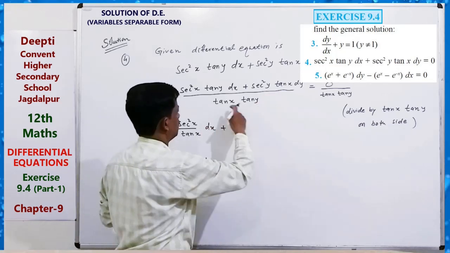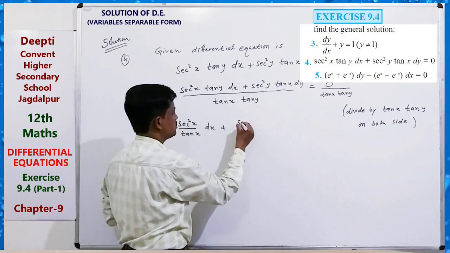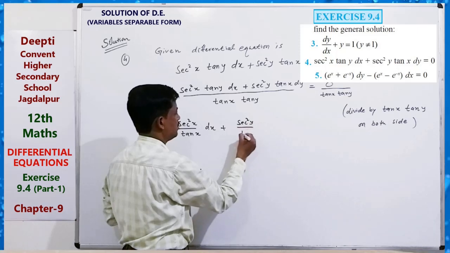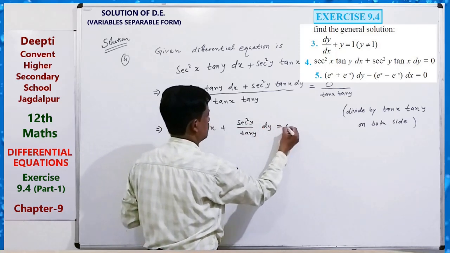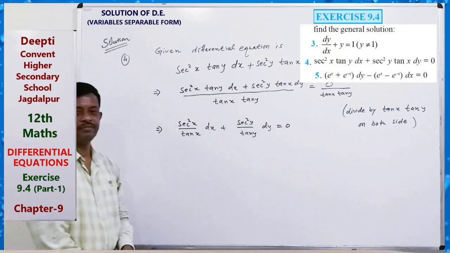Here tan x cancels, so sec square y upon tan y dy equals 0.